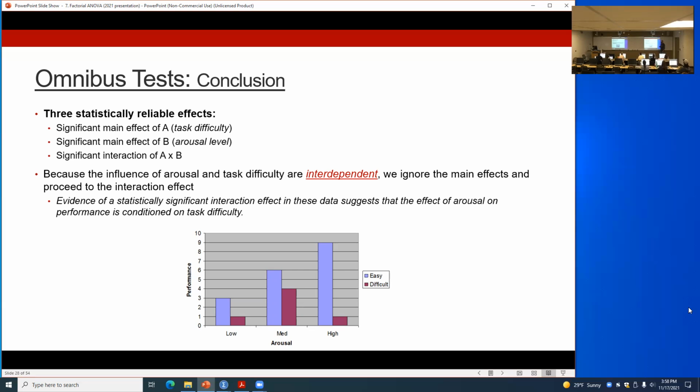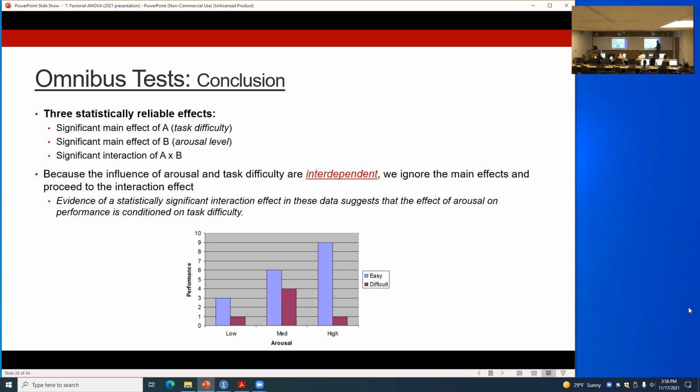And if we're looking at our simple effects, if we're looking at differences in performance across easy and difficult tasks at low level arousal, that is different than at medium levels of arousal and is very different at high levels of arousal.